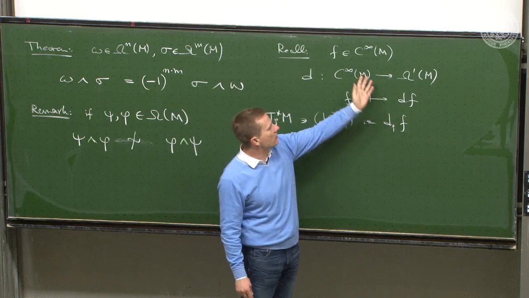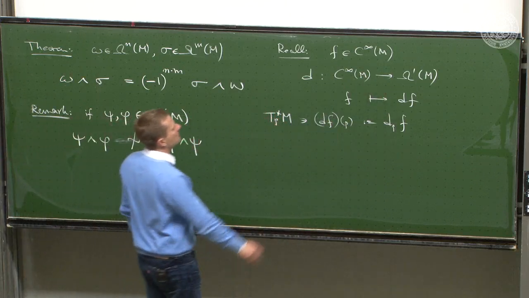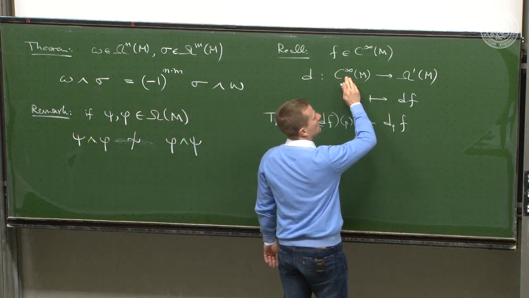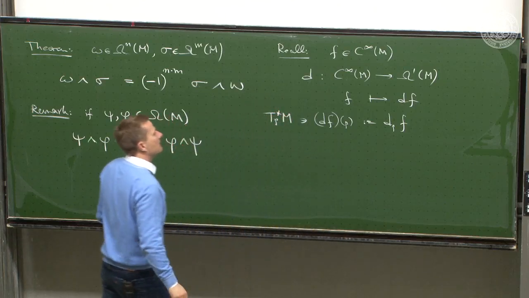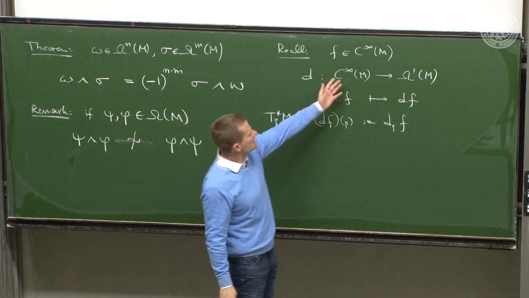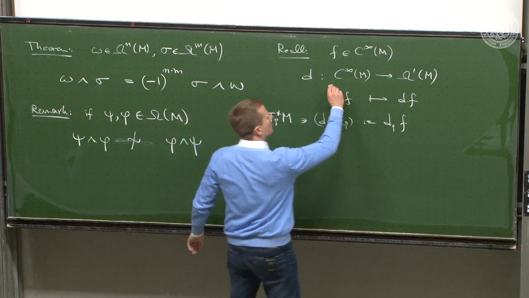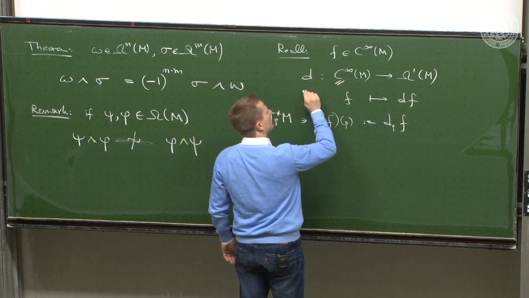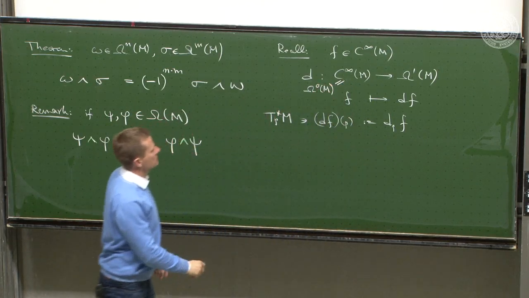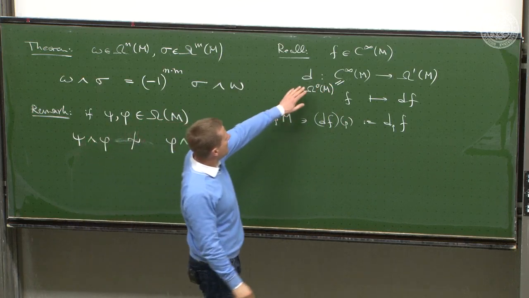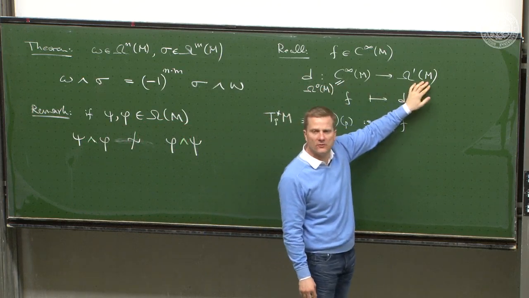Now we do this at every point, and of course we get this extension of d_p to a d that takes a function to a covector field. Functions are of course the zero-forms. So this d we already have takes 0-forms to 1-forms.